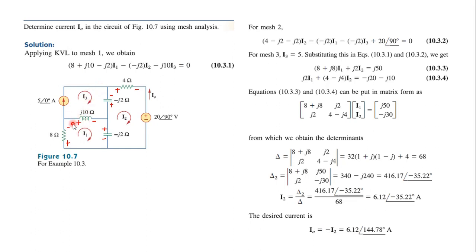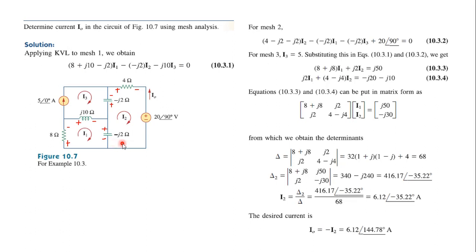I1 flows in this direction and I3 flows in the opposite direction, so we write I1 minus I3. The next is this capacitor, again from plus to minus, so we write minus of minus j2 times I1 minus I2, since I1 flows in this direction and I2 flows in the opposite direction.